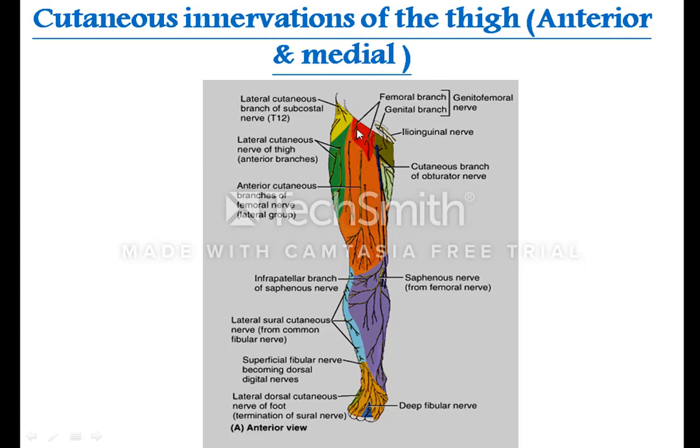This small area, just below the inguinal ligament, is innervated by the femoral branch of the genitofemoral nerve, and most of the skin is innervated by the anterior cutaneous nerve of the thigh, which is a branch of the femoral nerve.